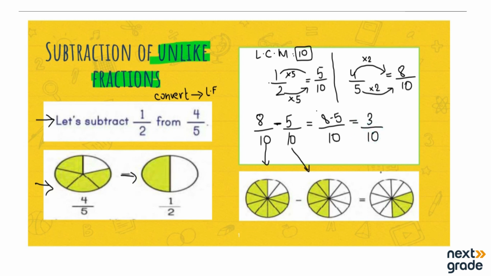So you can see कि आपके total 10 parts but only 3 are colored. So this is what it's like to do the subtraction of unlike fractions, that you convert them into like fractions first and then you move on further.